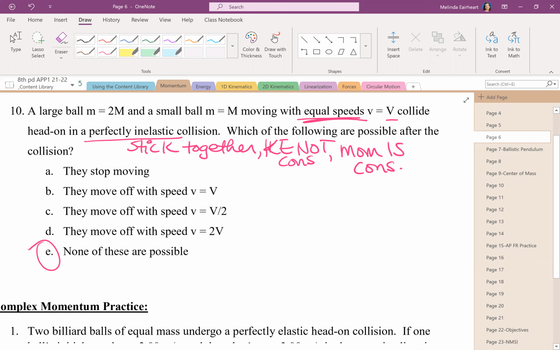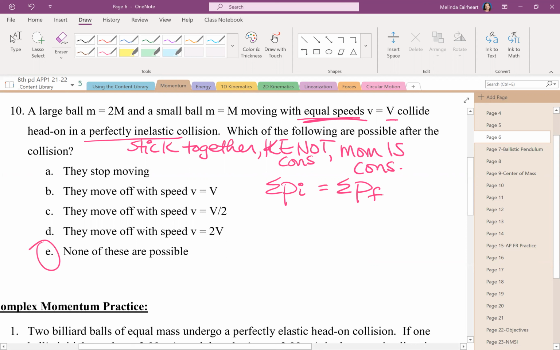Going with momentum conservation, the net momentum initially before the collision is going to be equal to the net momentum after the collision. Both of them are moving at the same speed. However, if it's a head-on collision, what does your picture look like?